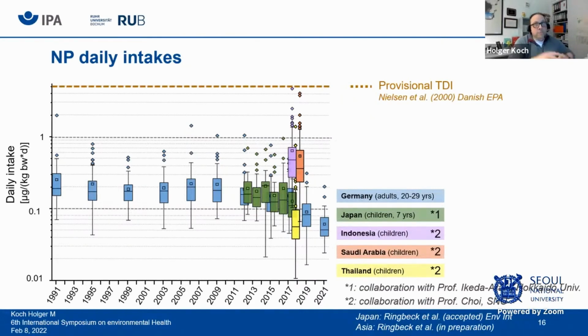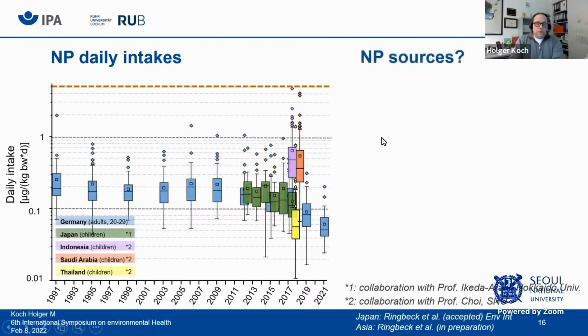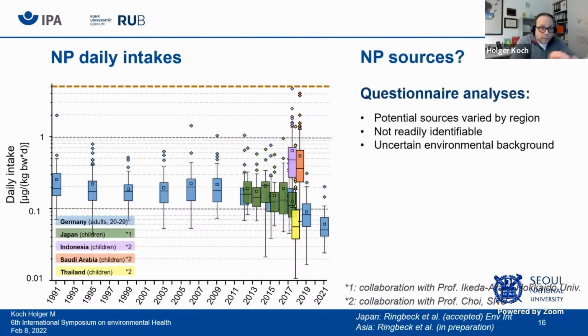Thailand is known to have rather strict restrictions on nonylphenol in recent years. You can also see that in the upper percentiles, some of the children from Indonesia and Saudi Arabia potentially reach critical levels. Of course, we were interested in the sources, and accompanying all this data there were questionnaires, but we found that the potential sources varied by region.